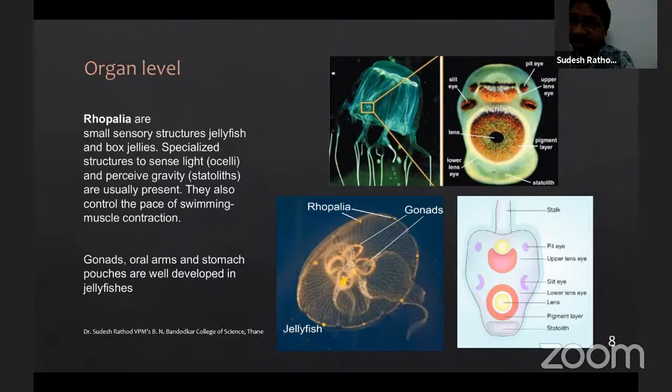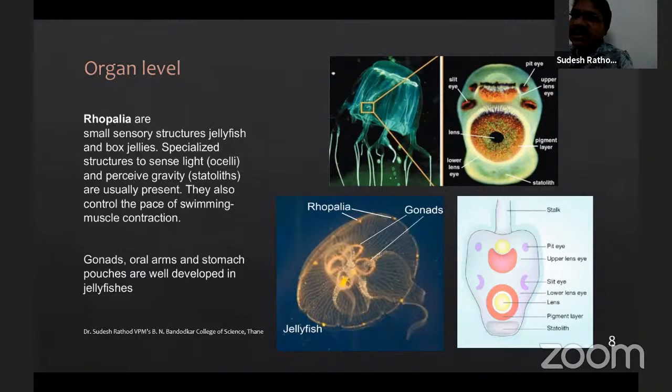In our body, the balancing organ is present in the ear, called the cochlea. A similar balancing organ is seen in jellyfishes, called the rhopallium. This rhopallium has a particular statolith for balancing purposes, and they also have certain chemoreceptors, and photosensitive cells are also seen in the rhopallium. Because of this, the animal can go to any level.